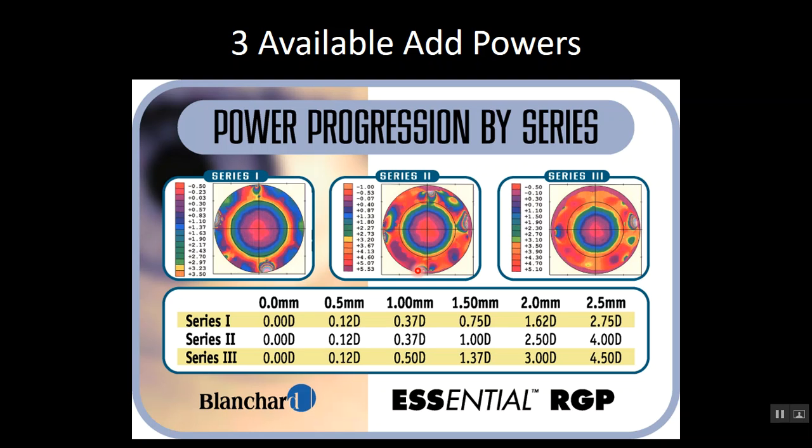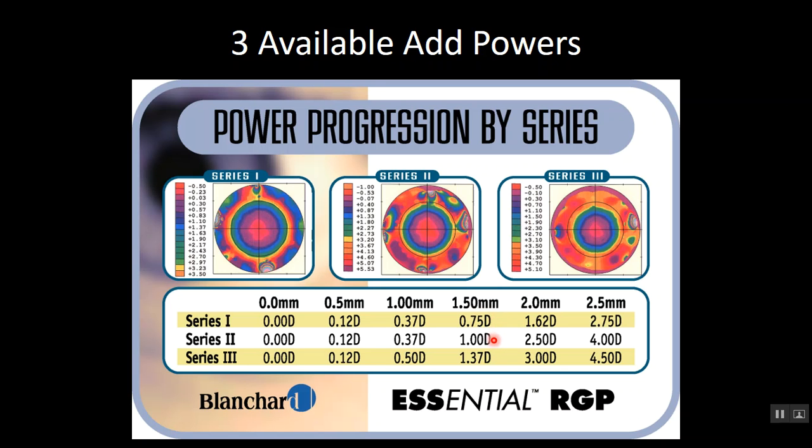The essential lenses that Precision and Cardinal distribute from Blanchard provide 3 series of adds, meaning different add powers based on a certain zone size. So if we were to take 1 millimeter distance from center, the series 1 would provide 3/4 of a diopter of add.